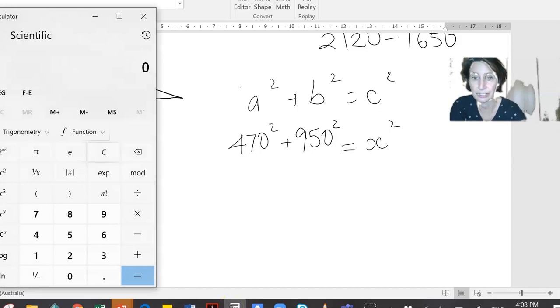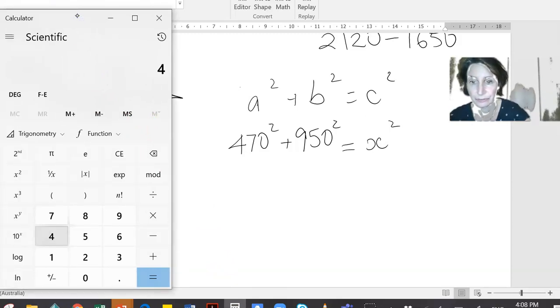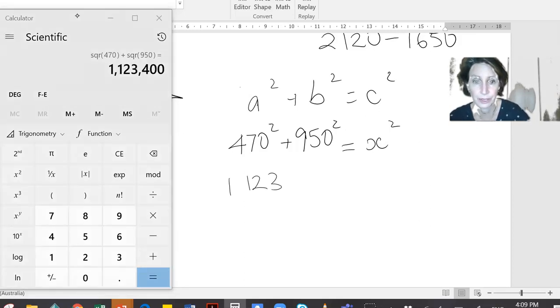So here we go. We can just plug all of this into our calculator, and I'm going to do all of it at once. So we've got 470 squared plus 950 squared equals 1,123,400. It's equal to x squared.